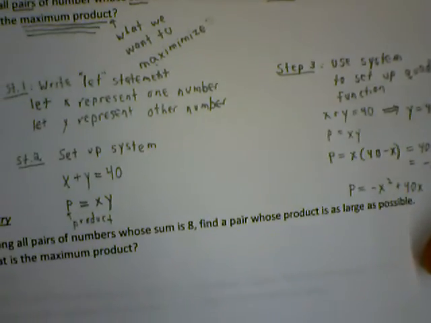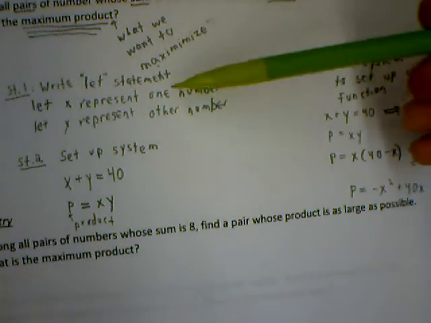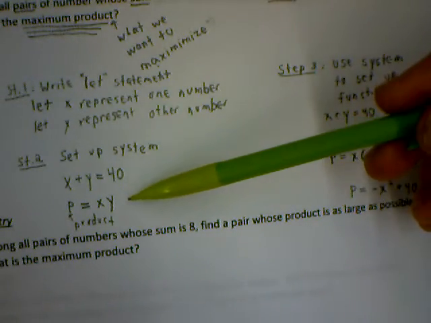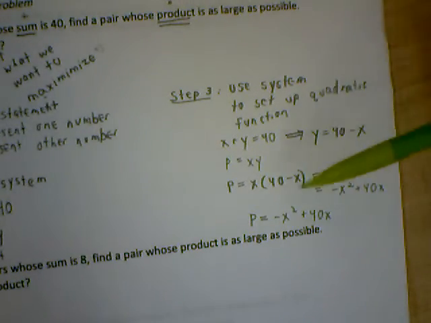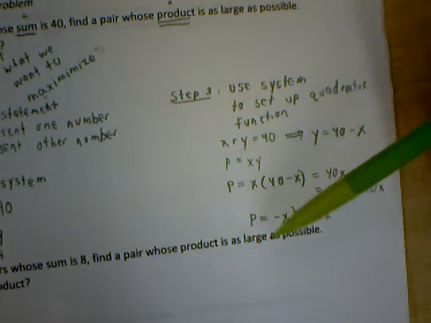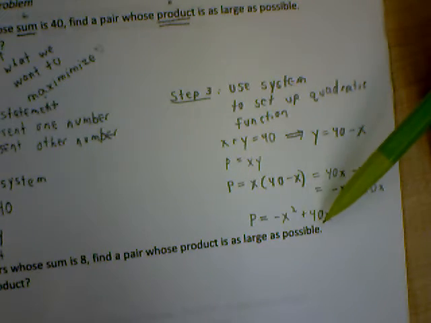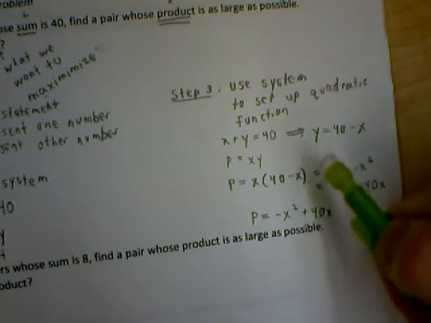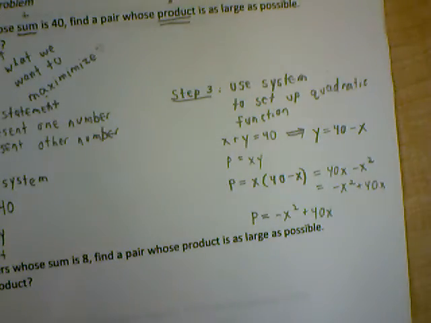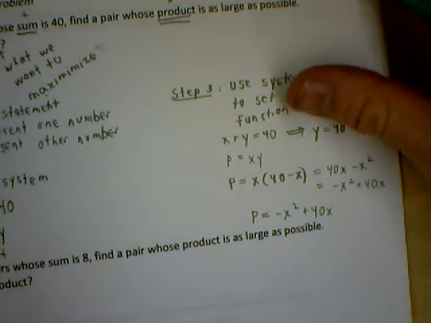Going back through the steps, we wrote our let statements, used what we knew in the problem to set up a system, and used a little bit of substitution to get a function written in one variable. Now we're going to find the vertex in order to maximize our product. I'm going to do that on the back of the paper.